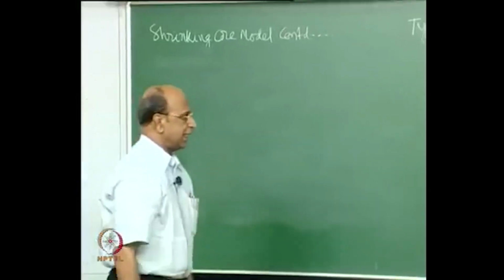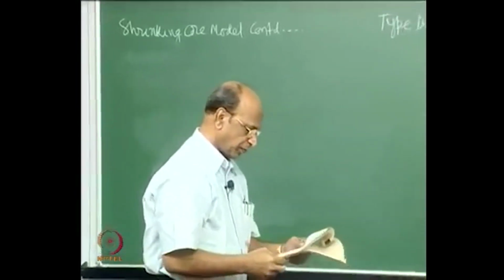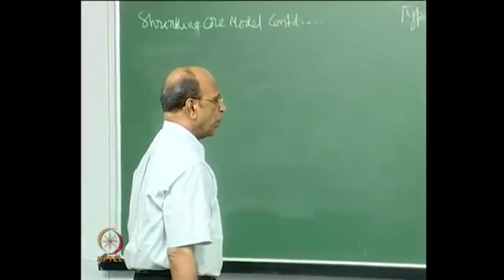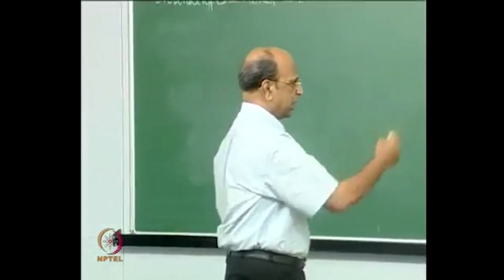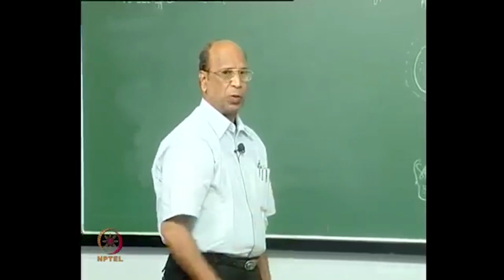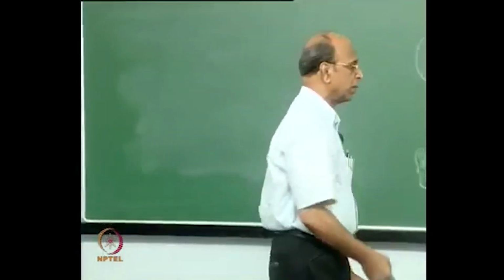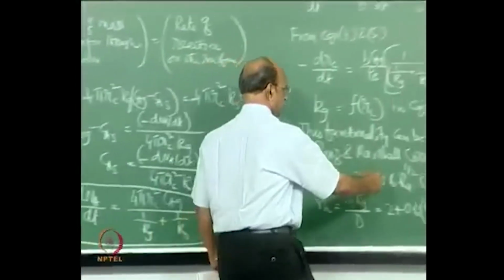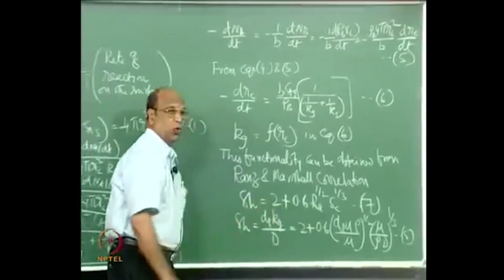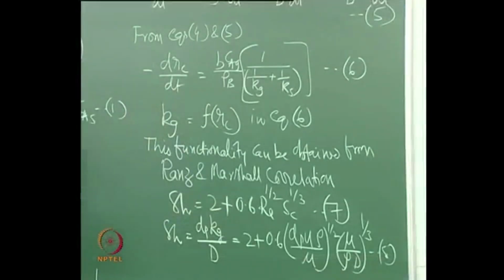Let us see first for small particles. For small particles, the Reynolds number term is neglected. Small particles means Reynolds number may be very, very small, so this entire term may be smaller when compared to the other, in the extreme of very, very small particles.